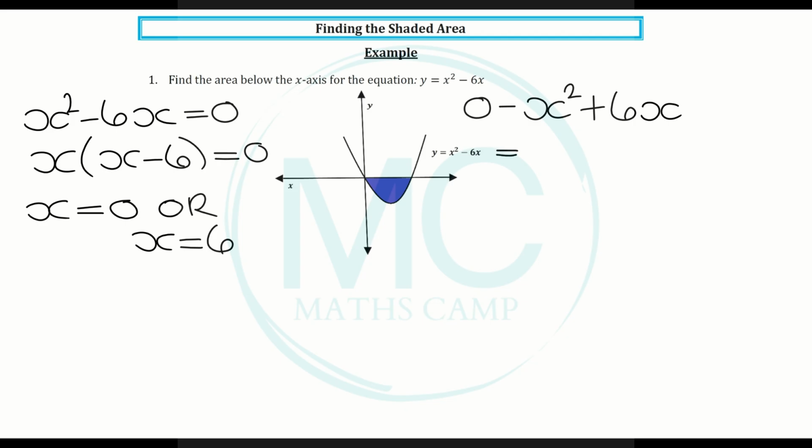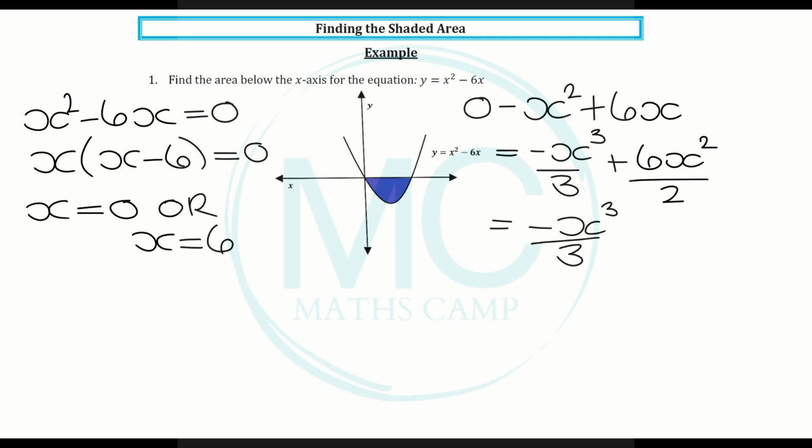So I'm going to get 0 remains as 0, negative x squared becomes negative x cubed over 3 plus 6x squared all over 2. Now we can tidy this up. We have negative x cubed over 3 plus 6 divided by 2 is 3, becomes 3x squared.